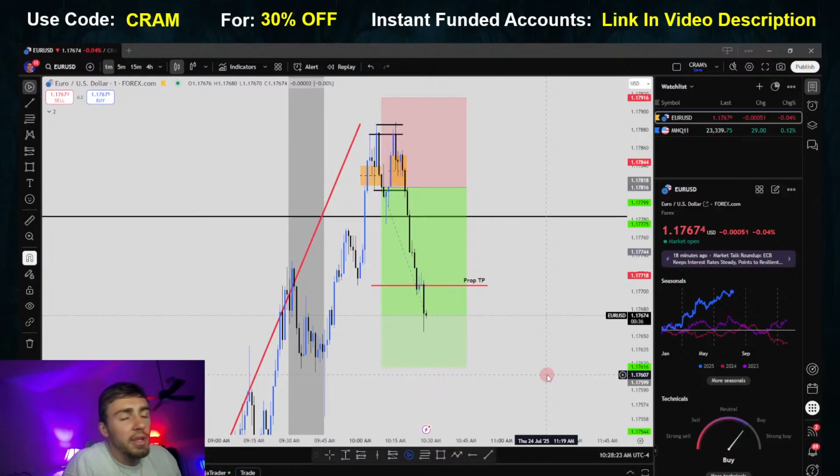The trailing drawdown's 3%, so I would have to lose 6 trades in a row at 1 to 1 to blow the account, which is super safe. Long term, that's probably not going to happen, and if it does, it probably won't happen again for a while after that. You might lose one account, but the chances of losing 6 trades in a row on multiple accounts is very slim to none.